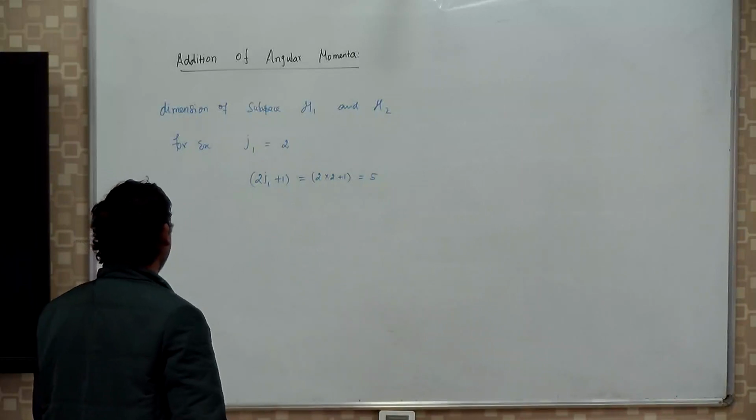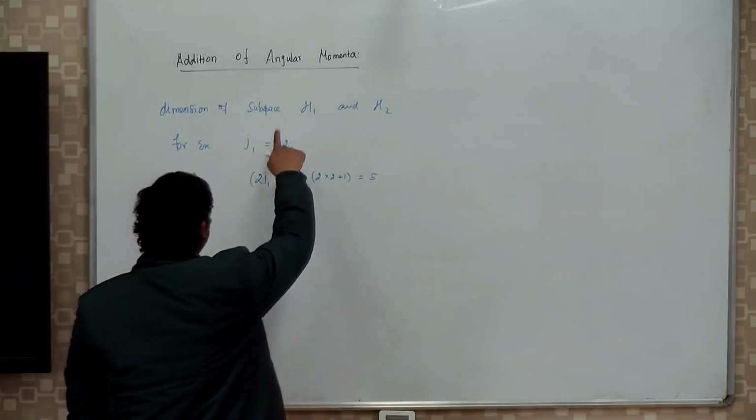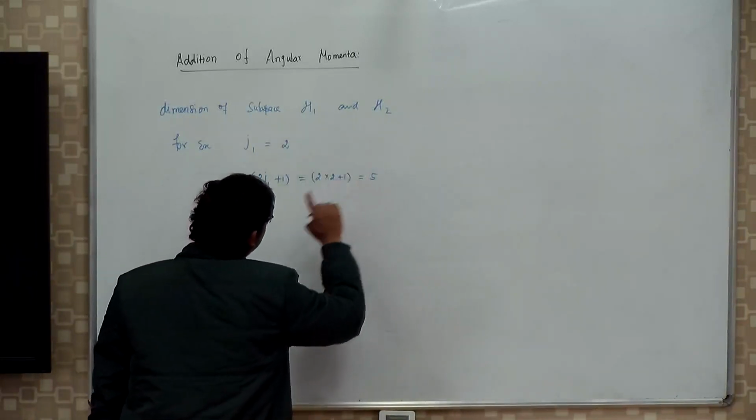That means the Hilbert subspace H1 has dimension 5.